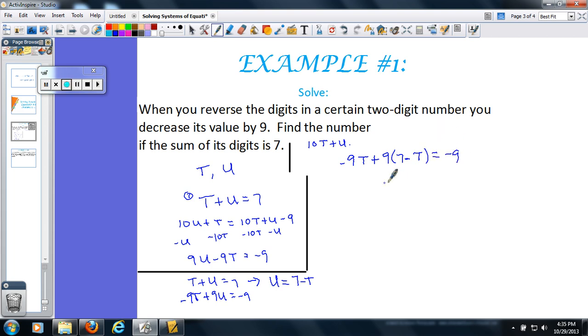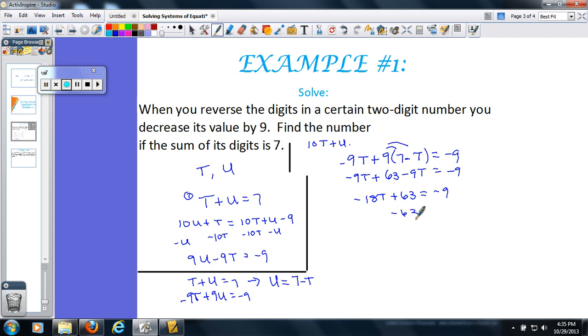So now let's simplify and solve. We've got negative 9t. I'm going to distribute this 9, so that's plus 63 minus 9t equals negative 9. I'm going to combine my like terms, so that's negative 18t plus 63 equals negative 9.